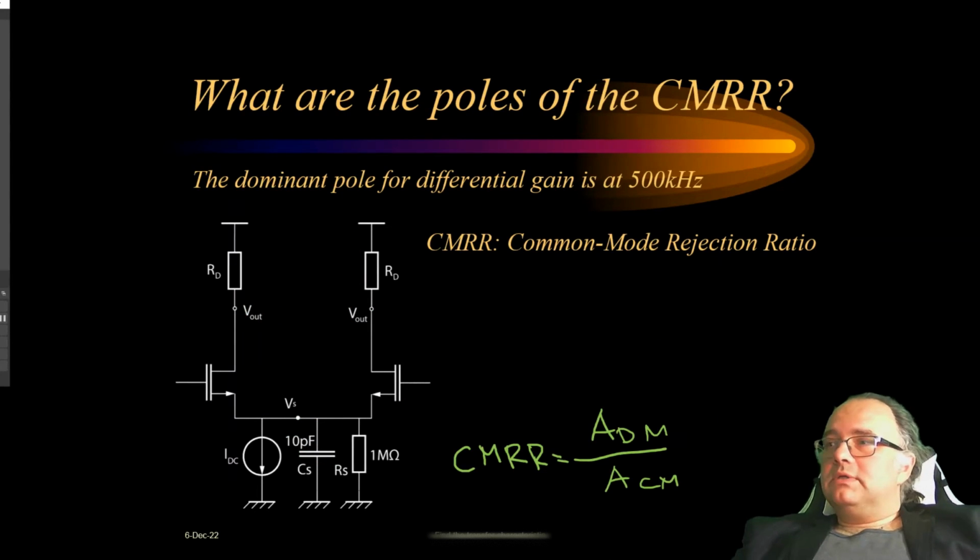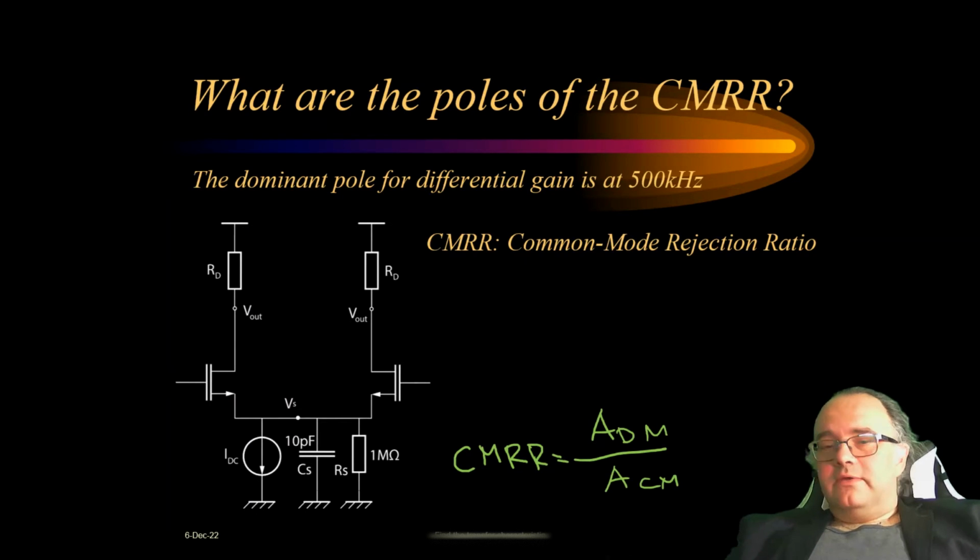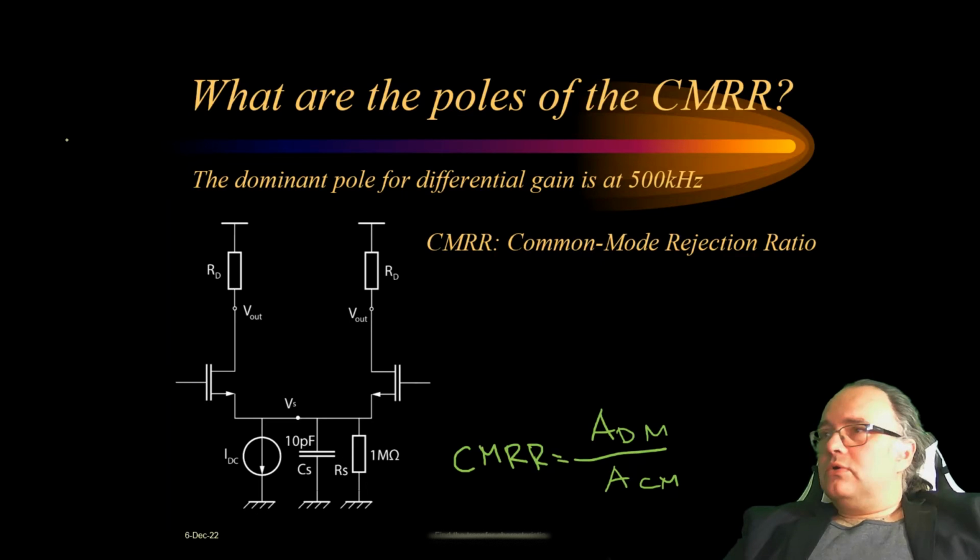Let's see what the gain for differential signals is. The problem gives us that one of the poles is given.